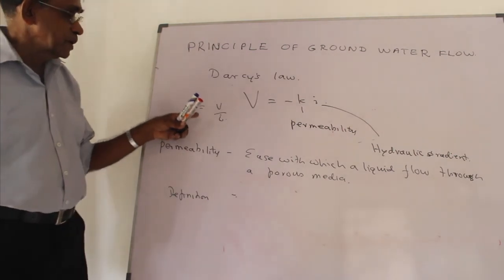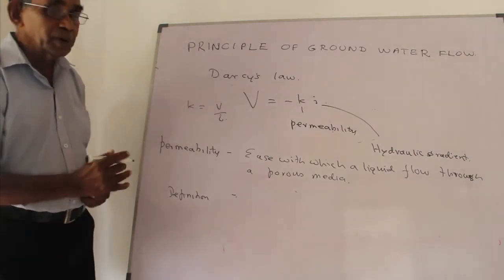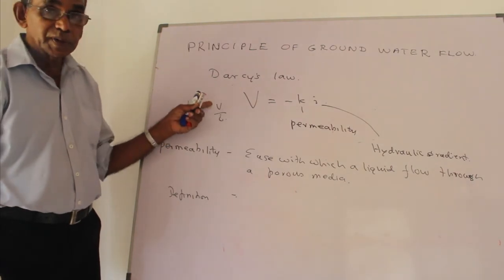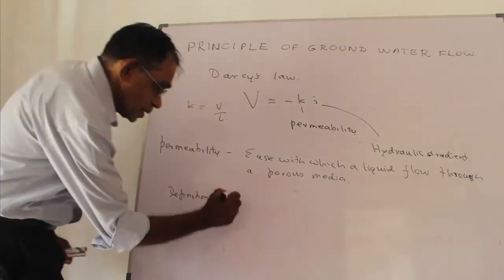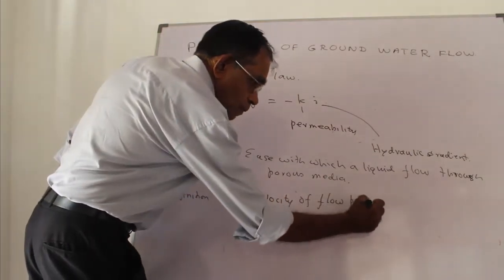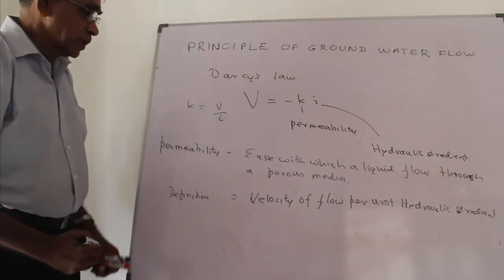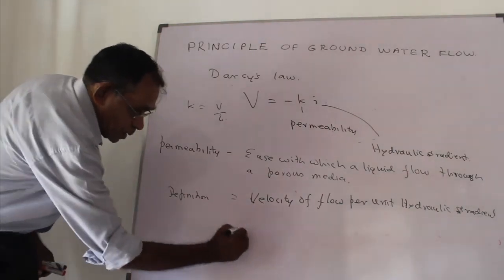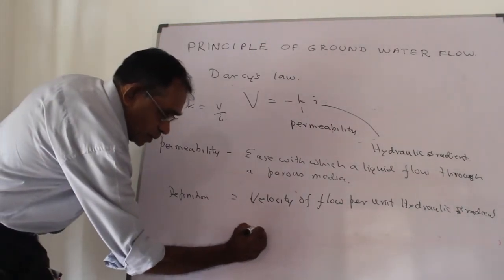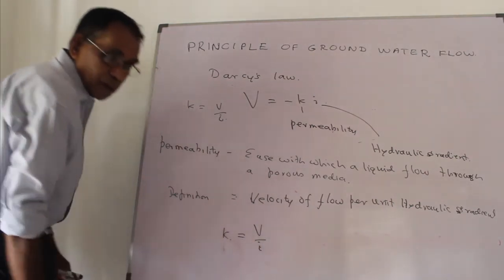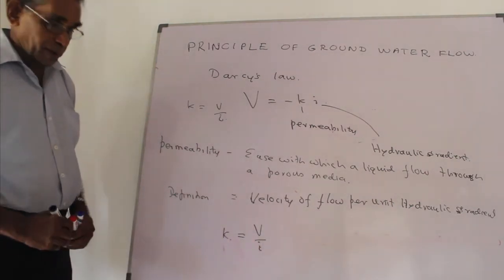It shows that it is the velocity per unit hydraulic gradient. So the permeability is defined as the velocity of flow per unit hydraulic gradient. That is K is equal to V divided by i. That is the definition.